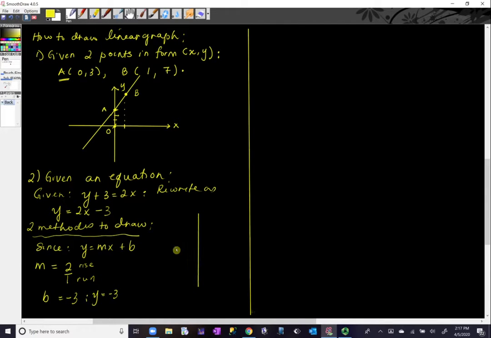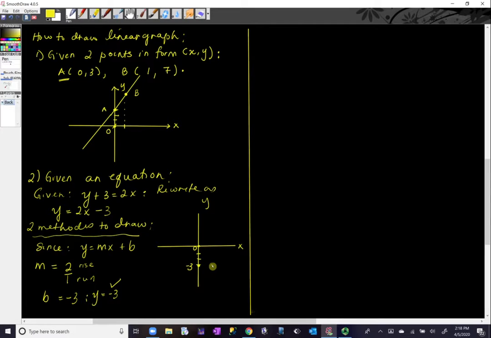I'll draw the y-axis and x-axis. So I have x and y. I know my y-intercept, so it's going to be 1, 2, negative 3 at a negative point. Remember, you always start from 0. And then from the intercept, you want to take a look at your rise over run.